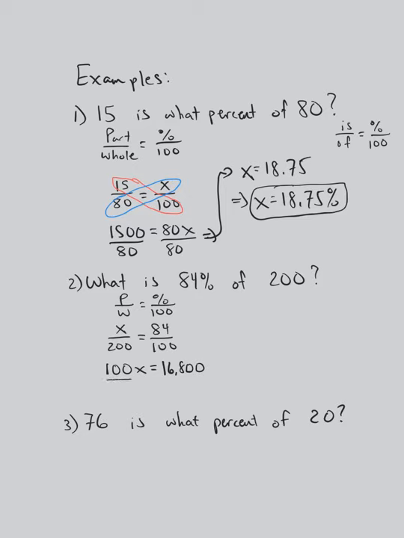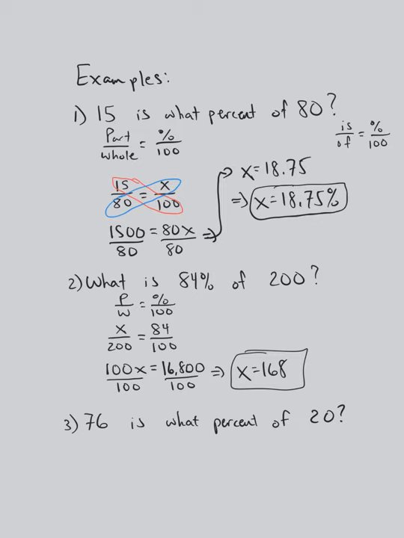Then you isolate x by dividing by 100, and here we get x is equal to 168. Now, do I need to include the percent sign on this one? No, we were given the percentage. We were asking for the part, so this is actually just a quantity. So x is equal to 168.